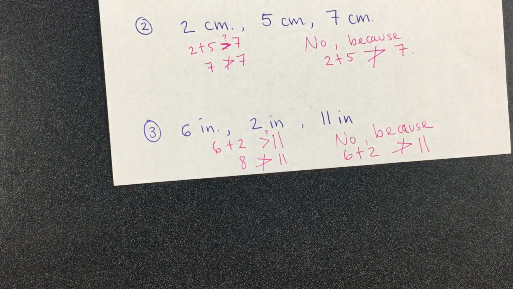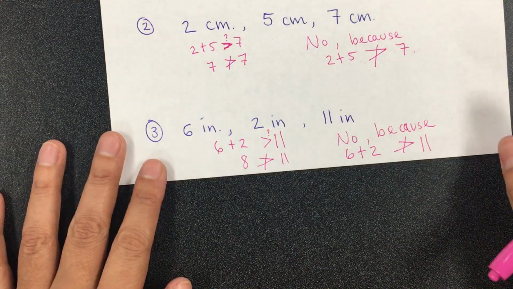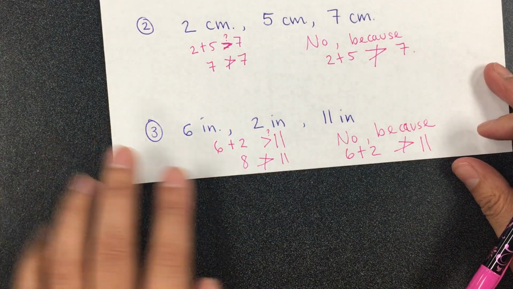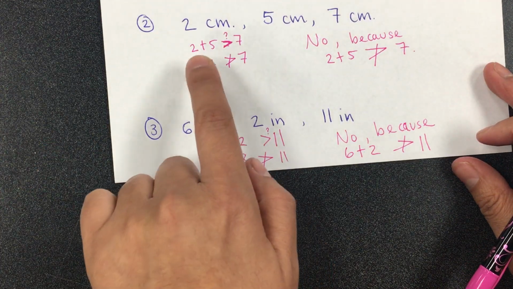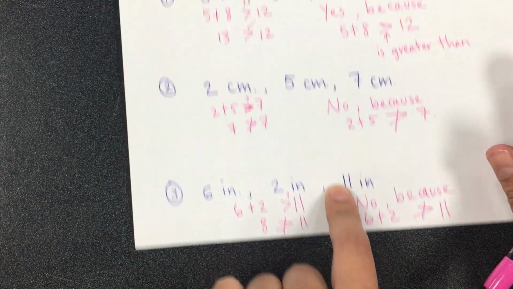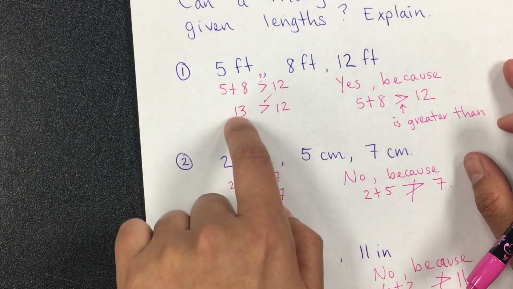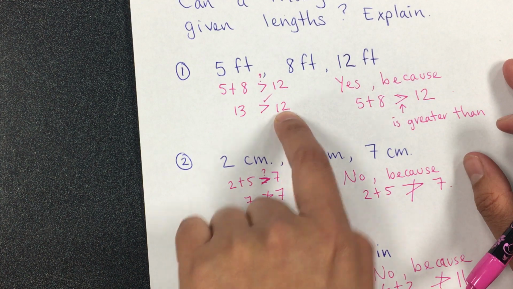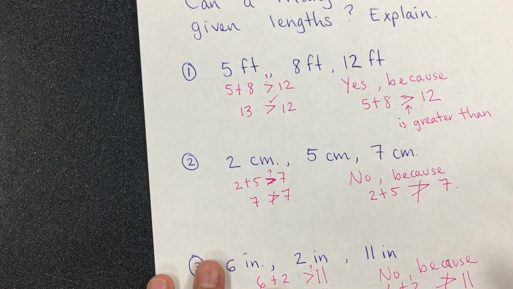So it's very simple. This is very straightforward. You just add the two smaller sides. If they're equal or less, then no, they cannot form a triangle. But if they're greater than the third side, then yes, they can form a triangle.